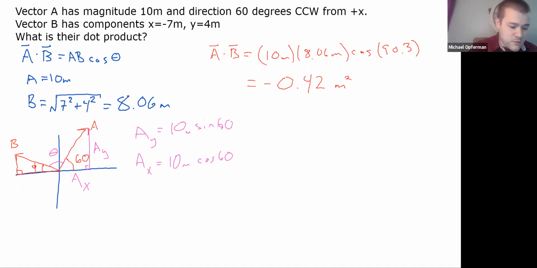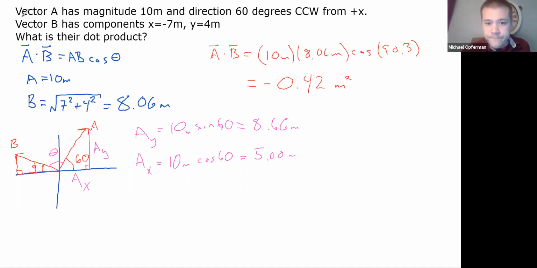Silly me. This one is 0.866. That is what I get for trying to show off. Oops, I need to multiply by 10. 8.66. And this one is 5.00 if you want to include those.